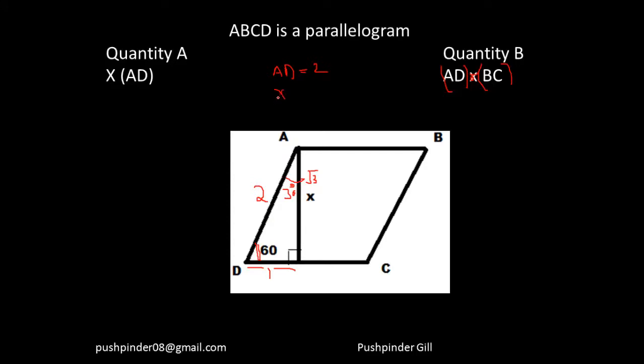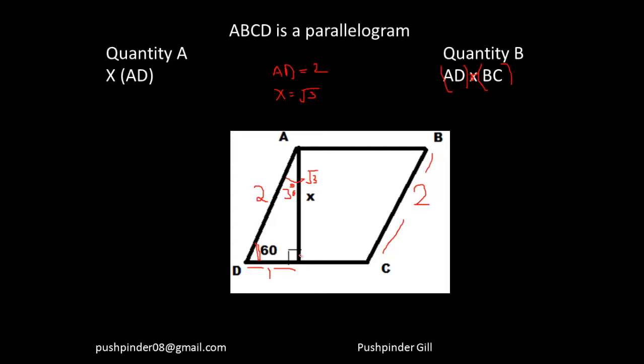So I've got x to be equal to root 3. Now since this is 2 and it's a parallelogram, this is also 2 from here. Alright, great. And this over here is root 3 and this over here is 1.